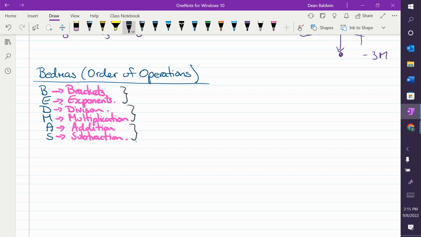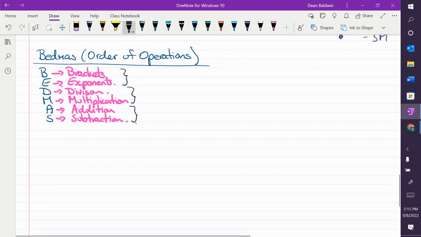No. So brackets and exponents are always first, then division and multiplication, and then addition and subtraction. But within that group, it doesn't matter if you do brackets then exponents, or exponents then brackets. Division and multiplication can flip, and addition and subtraction can flip as well. So within the groups it doesn't matter, but you always follow this order, B through S. Okay.